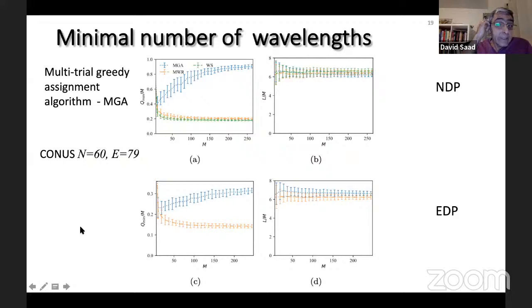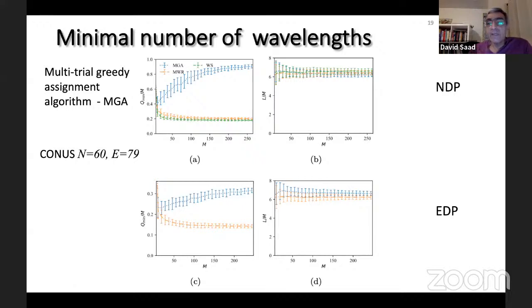This is a very interesting result, which is how much we gain in the minimal number of wavelengths needed when we are moving from the greedy algorithm, represented in blue, to message passing, multiple wavelength message passing, and also wavelength switching. Now, why is it important?